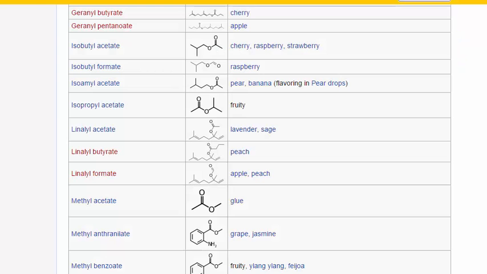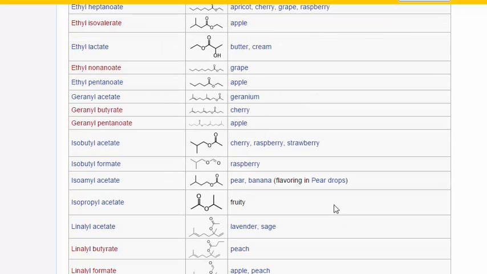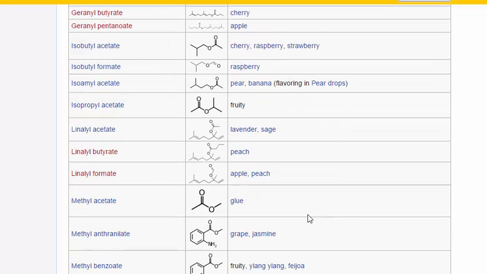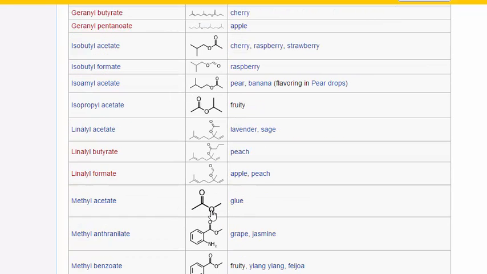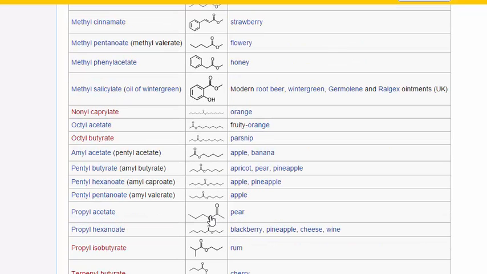Look at the shortest esters and what they smell like. They're strong, fragrant smells. For example, methyl acetate smells like glue. It is that very strong smell. That's a short one. The longer ones, you won't be so able to smell them.